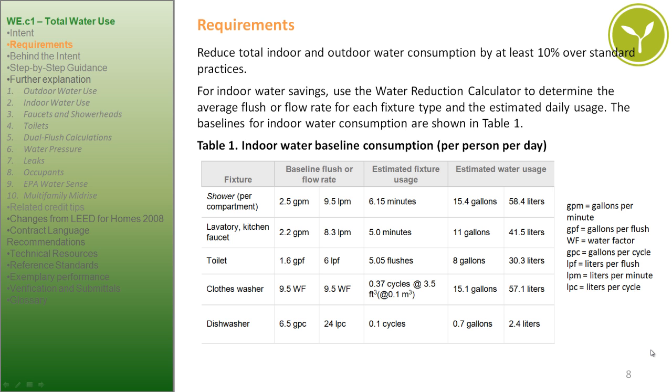Estimated fixture usage is 0.37 cycles at 3.5 cubic feet, or 0.1 cubic meter. Estimated water usage is 57.1 liters. Dishwasher: baseline is 24 liters per cycle. Estimated fixture usage is 0.1 cycles. Estimated water usage is 2.4 liters.